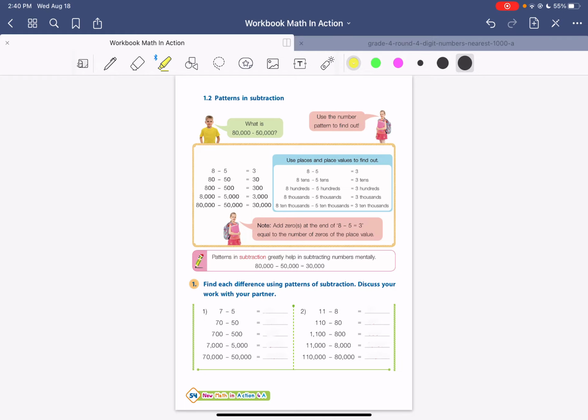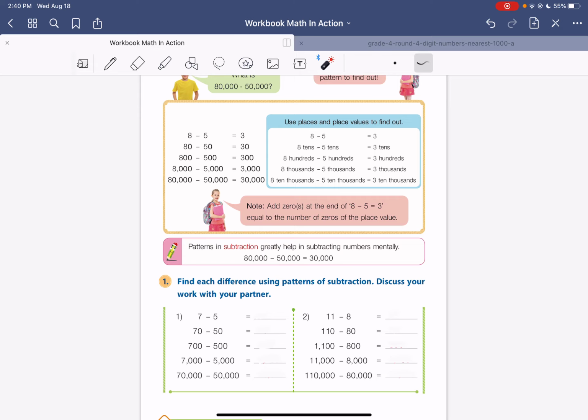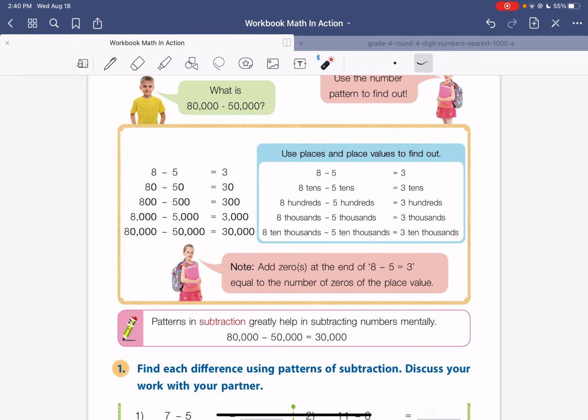Now we have patterns in subtraction. How do we do patterns in subtraction? What is 80,000 minus 50,000? 8 minus 5 equals 3. 80 minus 50 equals 30. 800 minus 500 equals 300. 8,000 minus 5,000 equals 3,000. 80,000 minus 50,000 equals 30,000.